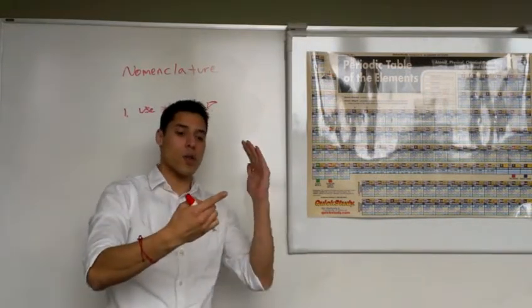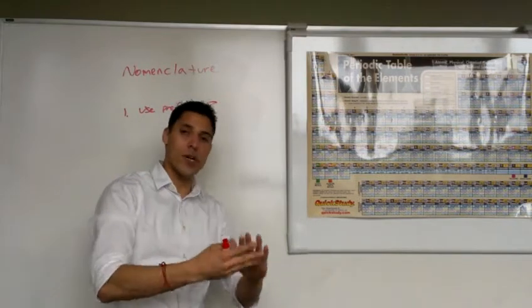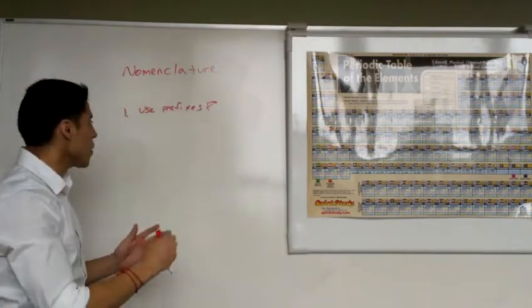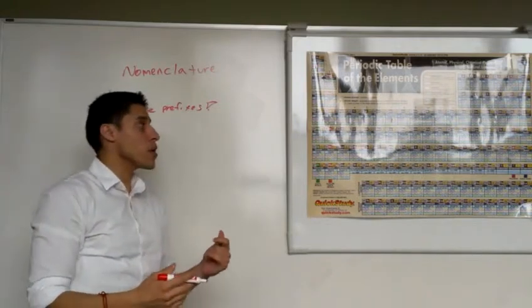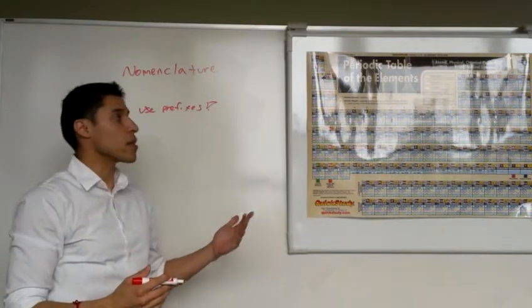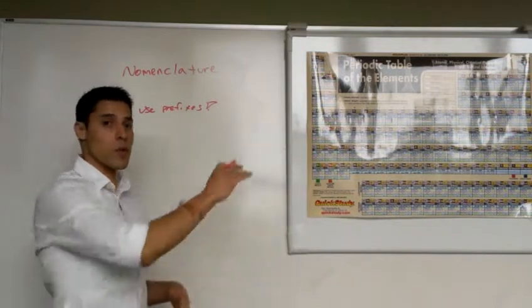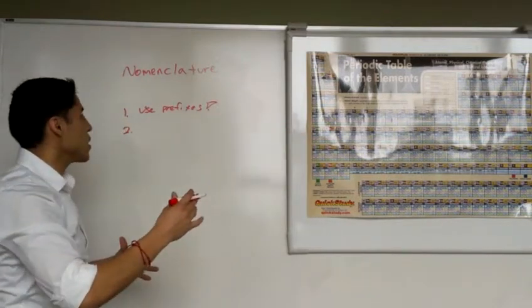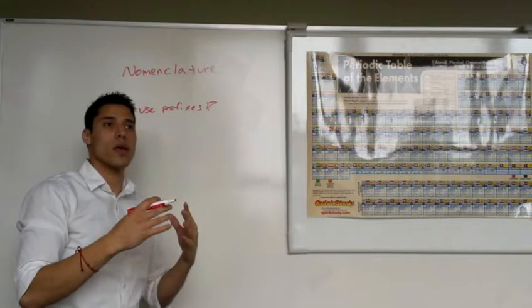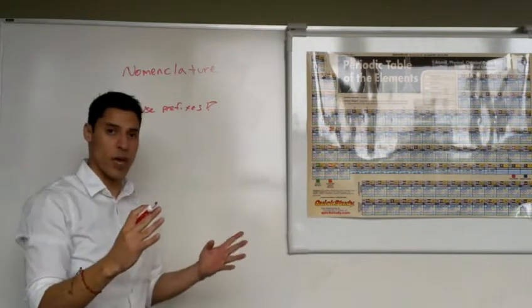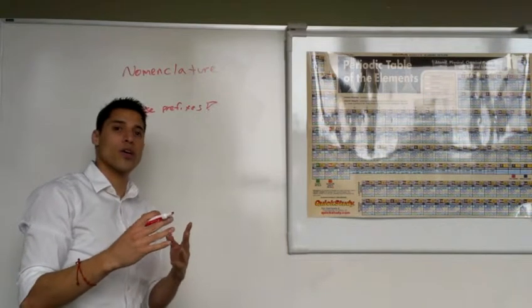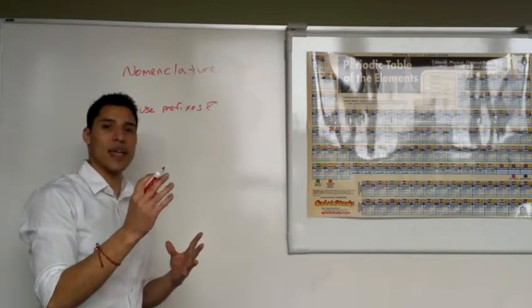So you're using your mono, your di, your tri, your tetra, penta, etc., right? The second rule when naming molecular compounds, again, two nonmetals from the right side of the periodic table, is you're going to name the first atom with its full name, and the second atom, you're going to name it but change the ending of it to IDE.